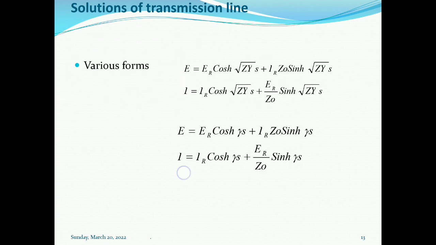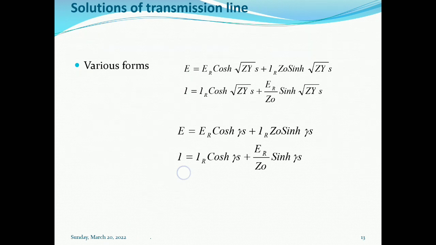The final analysis of the transmission line gives the following solutions: E equals ER cosh of root ZY times S plus IR Z0 sinh of root ZY times S, and I equals IR cosh of root ZY times S plus ER divided by Z0 times sinh of root ZY times S. This is the general solution of the transmission line.